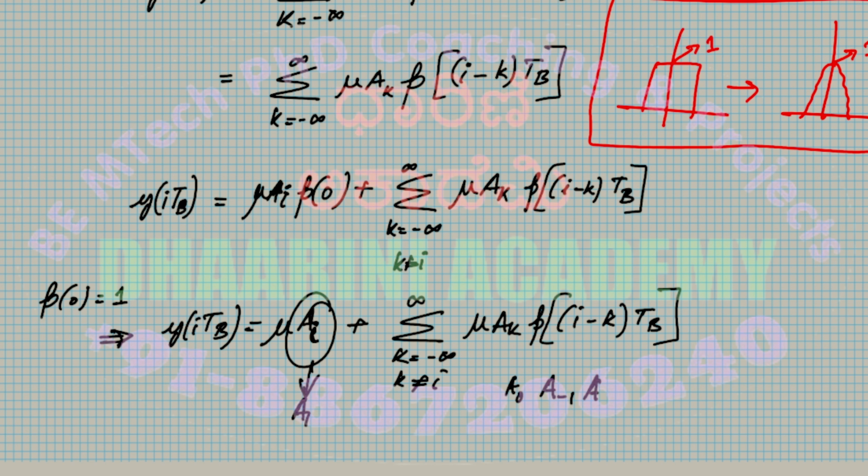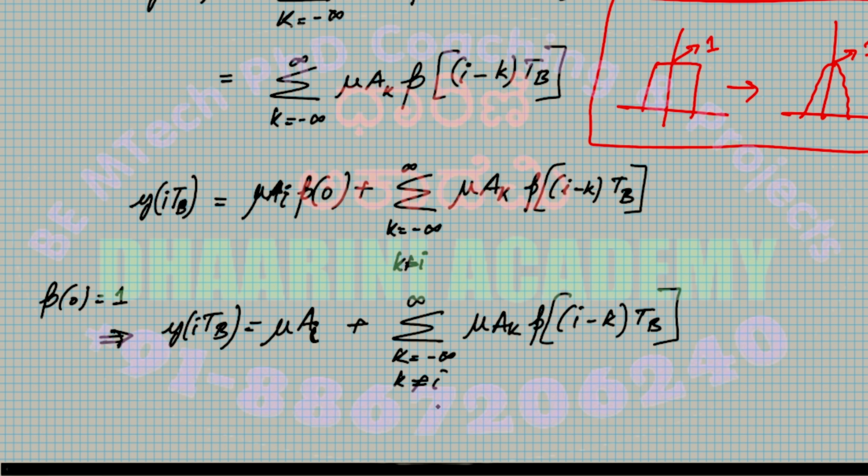If you want me to repeat anything, please let me know, because that is a very important point over here. Any doubt? No? Fantastic. So which term, first term or second term, is the ISI here? The second term is the ISI. In the simplest format, we try to understand the ISI over here. So this is called ISI.